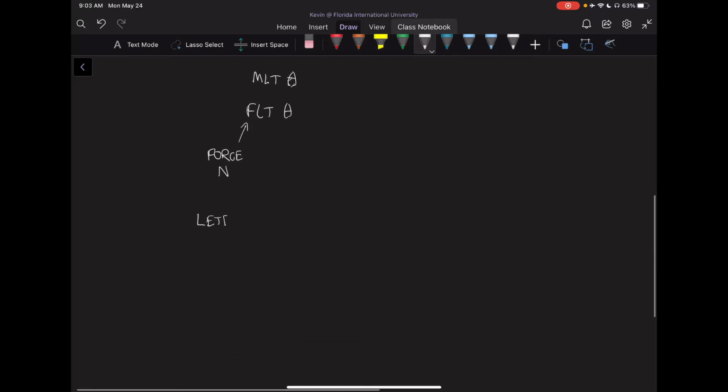Now let's take an example and try to understand what's happening, and how we can apply this to a system and to an experiment.